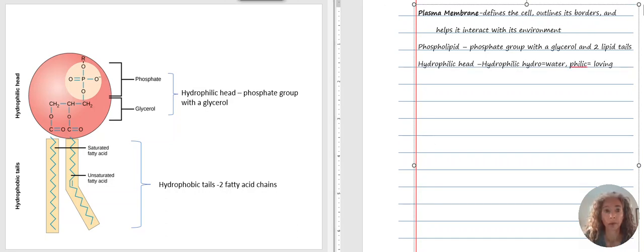hydrophilic. So that means that they are water-loving, hydro-water, philic, loving. And so that phosphate glycerol head is going to be oriented towards the liquid, the cytoplasm, the extracellular fluid, because it's hydrophilic. Fats, as you know, do not like water.